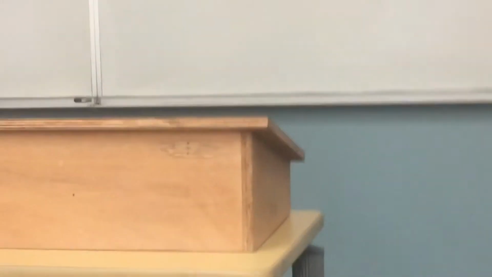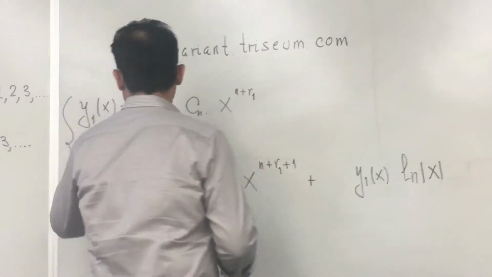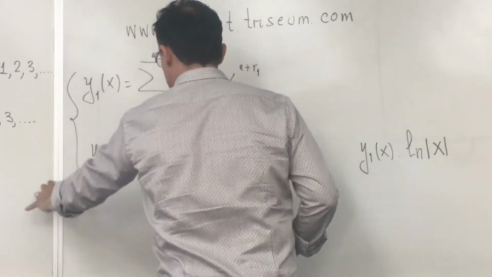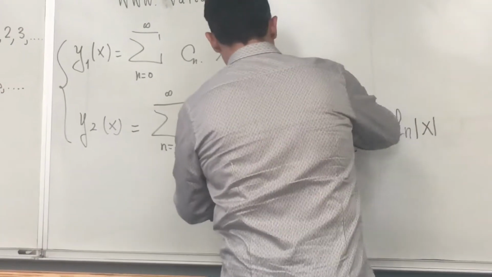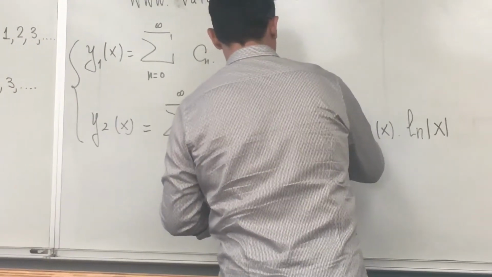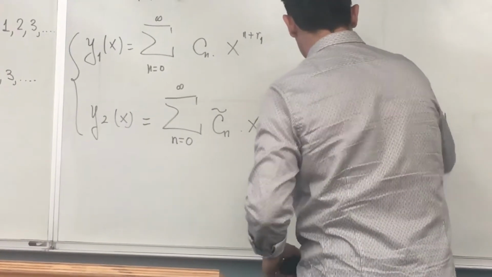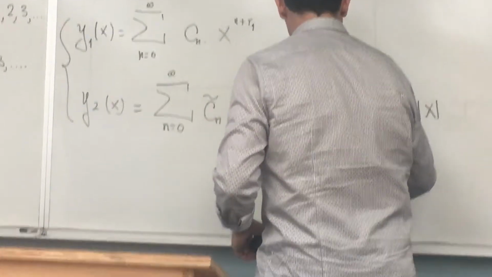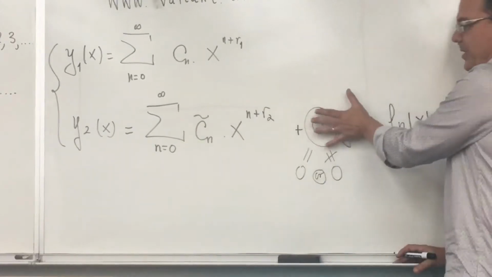Like if r1 minus r2 is equal to 1, 2, or 3, then the two linearly independent solutions will be: the first one is always the same in the three cases, but the second one in case 2 would be this with an r2 here, of course. And you might or might not have the extra term, when this constant might be either equal to 0 or not equal to 0. So you first try the simplest case when it's 0.